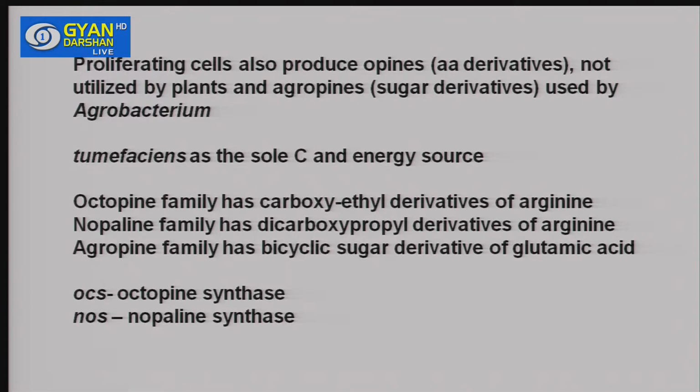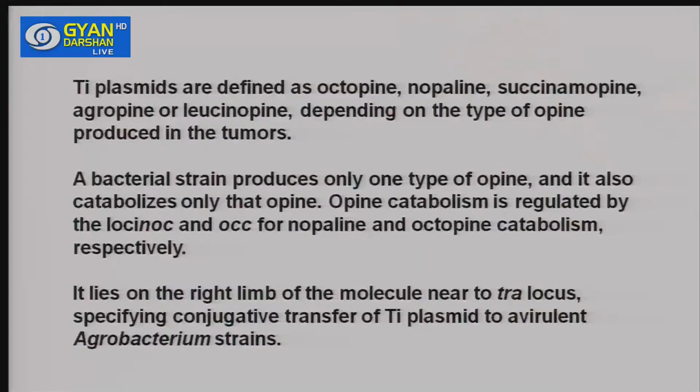Accordingly, you have the synthesis genes present in the tDNA region, that is octopine synthase, nopaline synthase, and so on. And the nomenclature of TI plasmids is done on the basis of these opines, that is octopine TI plasmid, nopaline TI plasmid, and so on.